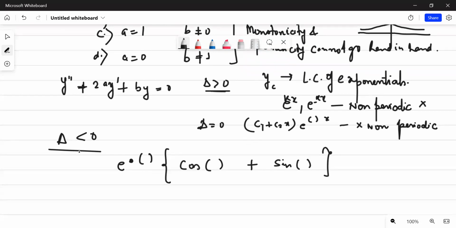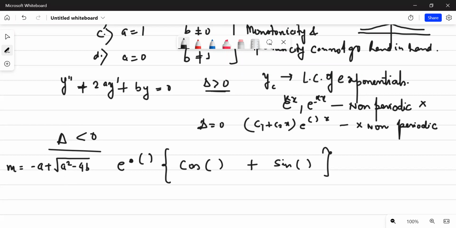Okay, so if del is less than 0, let us first find the roots of it. Then the root will be minus a plus root over a square minus 4b, and this is negative, because if del is less than 0.